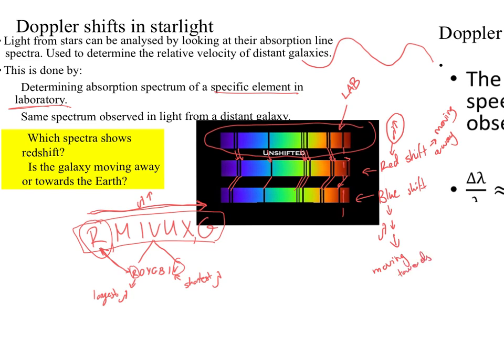So since it's moving towards us now, the waves are squashing between us instead of stretching out. You can think about it as two balls and a spring in the middle. So if you were holding one fixed, so let's say this is the Earth, and you're holding this fixed, if you start pulling the planet away or whatever it is, then it will stretch this slinky, so that means the wavelength increases.